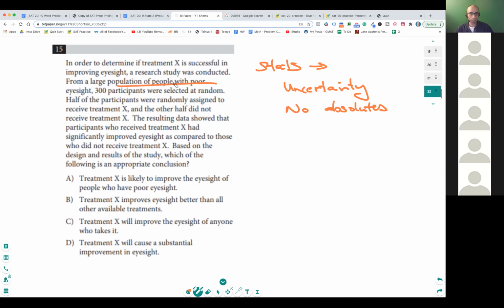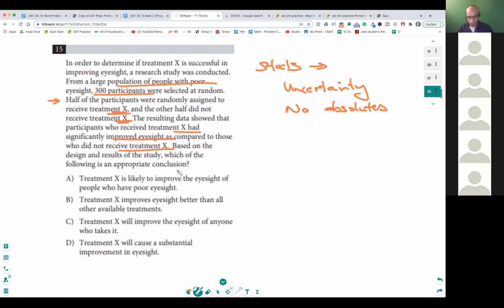From a large population of people with poor eyesight, 300 participants were selected at random. Half were given treatment X and the other half did not. The resulting data showed that people who received X had significantly improved eyesight, and those who didn't receive it didn't have as much of an effect.